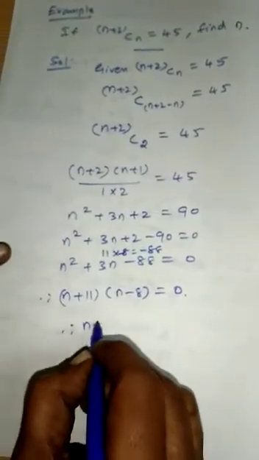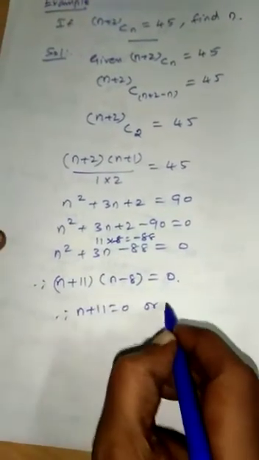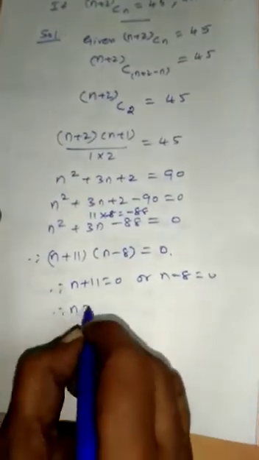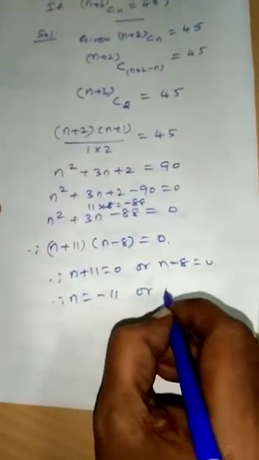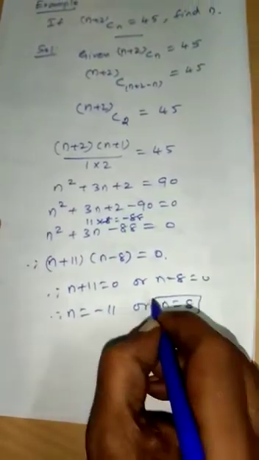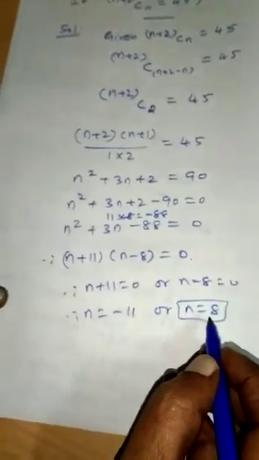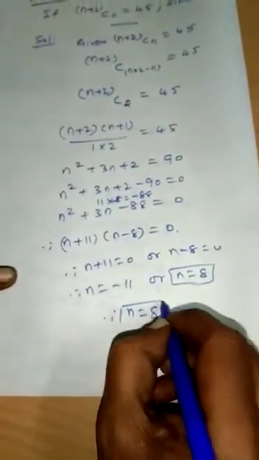Therefore, n plus 11 is equal to 0, or n minus 8 is equal to 0. Therefore, n is equal to minus 11 or n is equal to plus 8. Minus is not valid, and plus is the only one. Therefore, n is equal to 8 only is the answer.